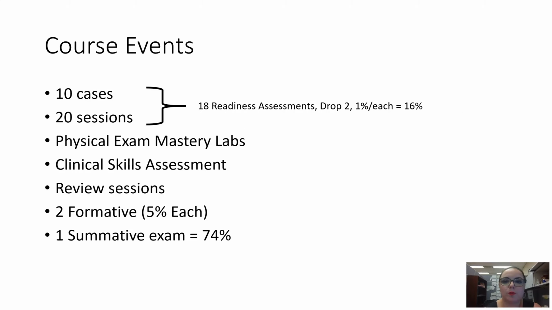Okay, so what are we actually doing in this course? So we have 10 cases that focus on various presentations of infectious disease as a result of viral infections, bacterial infections, parasitic infections, and fungal infections. We also have a set of 4 vignettes that we'll go through toward the end of the block that go into hypersensitivity or autoimmune disorders.